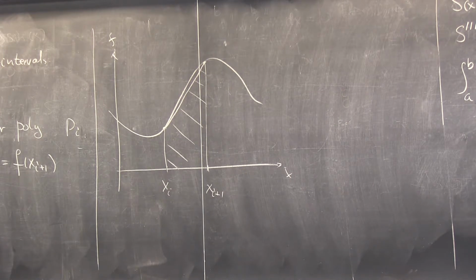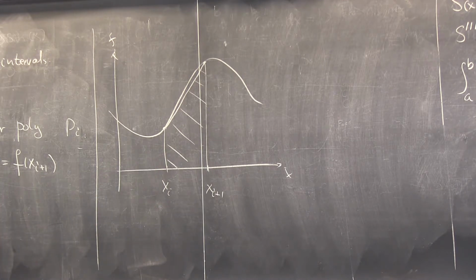Okay, so the integral from xi to xi plus 1 of f(x) dx is approximated by the integral from xi to xi plus 1 of my pi(x) dx. I really don't care about writing out the exact expression for this pi, because I see it's the area of this trapezoid.